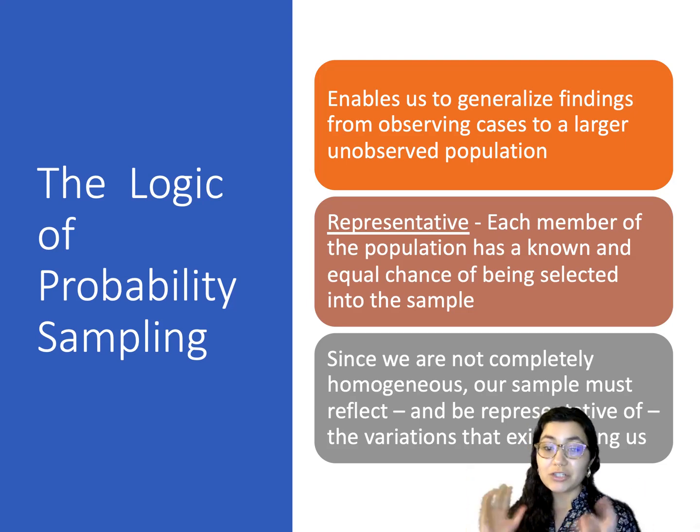So if the larger population of students on campus, for example, if we were doing Rutgers campus in particular, if we did probability sampling at Rutgers campus, we would have issues because Rutgers campus is not a representative population of the larger students in the entirety of the US. So for example, Rutgers is really diverse. It's one of the most diverse colleges in the entire US. So if we were to do probability sampling at Rutgers, we would overestimate students who are people of color, students who are first generation.